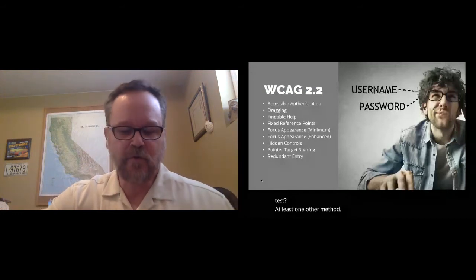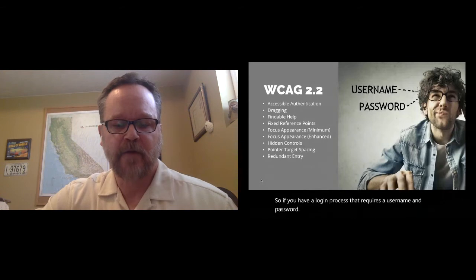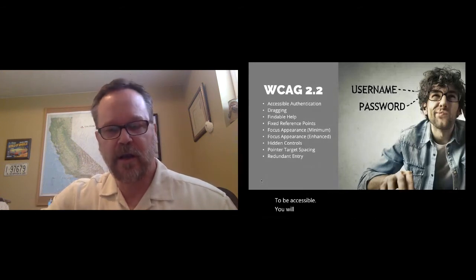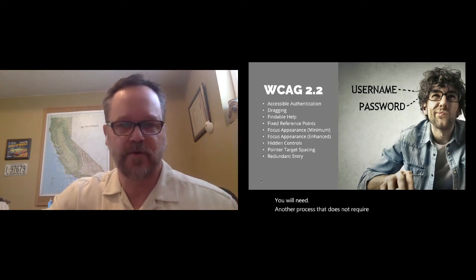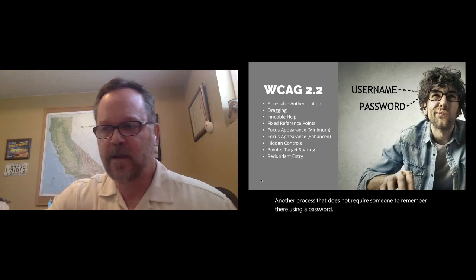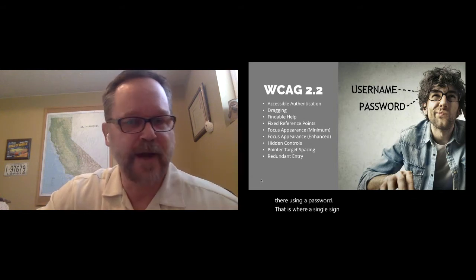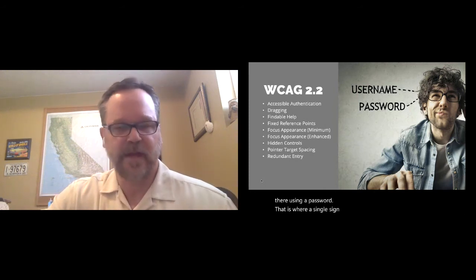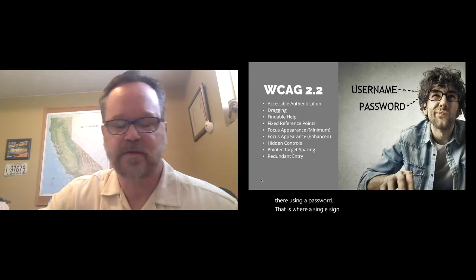So if you have a login process that requires a username and password, to be accessible, you will need another process that does not require someone to remember their username and password. That is where single sign-on or biometrics starts to become an example of an accessible authentication process.